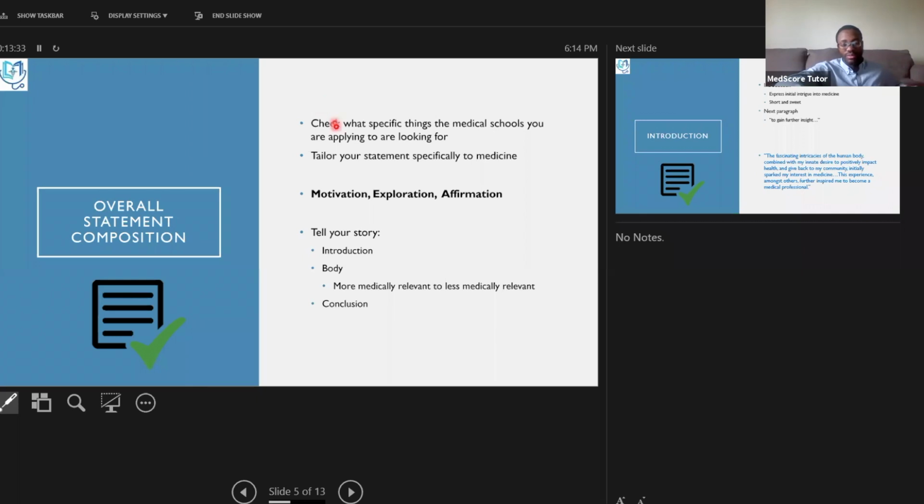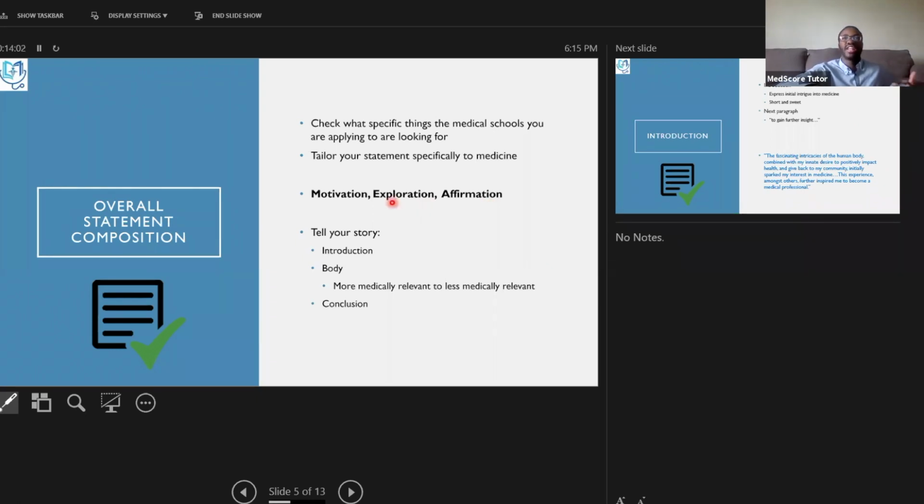The structure that I always advise going through is: what is your motivation? What have you done to explore, and how has that affirmed your decision to study medicine? So it's MEA: motivation, exploration, affirmation. Motivation: why did you want to be a doctor in the first place? What was that light bulb moment that made you think, oh, actually being a doctor sounds like a good idea?